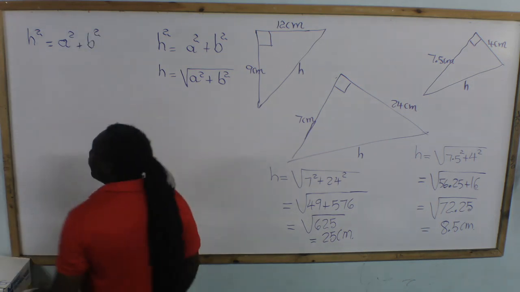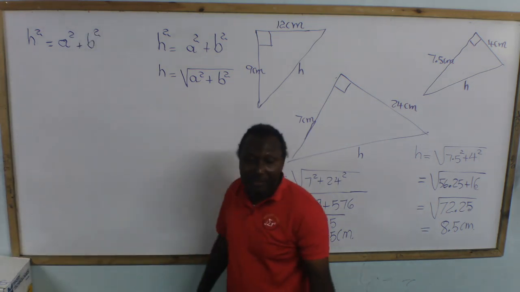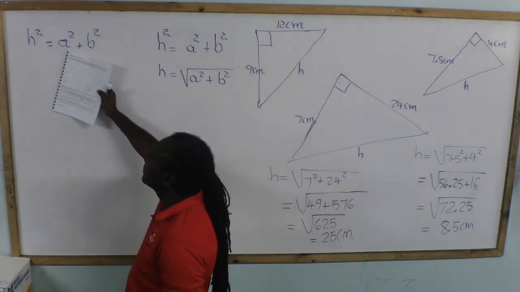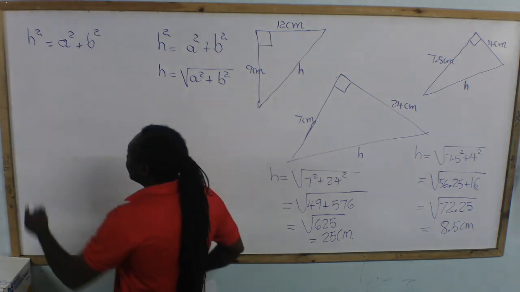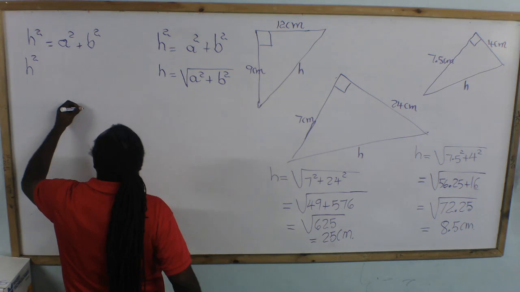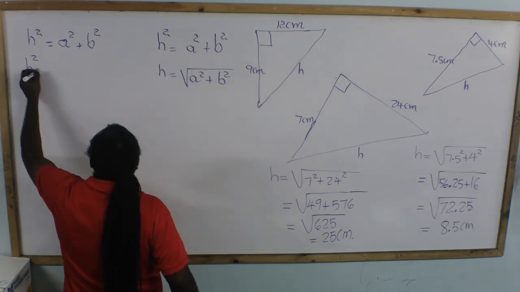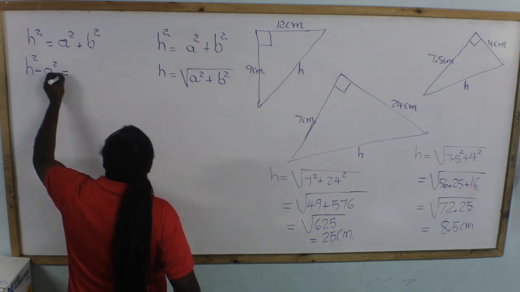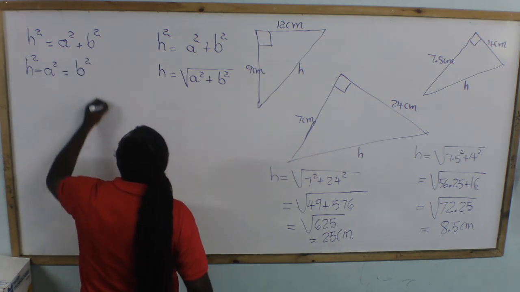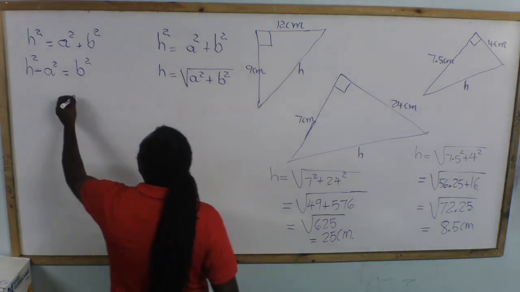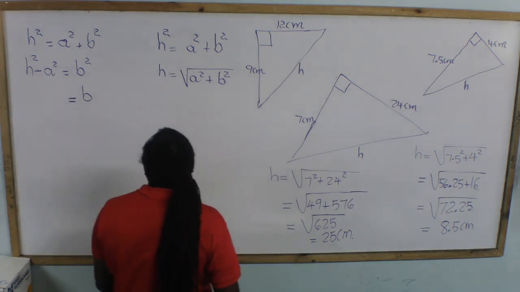If you want to find one of the shorter sides instead of the hypotenuse, say the hypotenuse is given, then you want to transpose. So a squared equals h squared minus b squared. So what is b equal to?